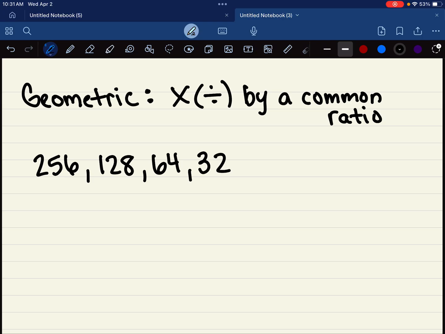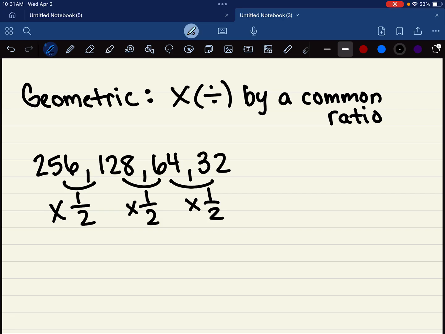Okay, so it is division by 2, but remember I just said we'll use multiplication of a fraction. So what fraction will we multiply by? 1 over 2. Because half of 256 is 128. What's half of 128? 64. Half of 64 is 32. So this is geometric.